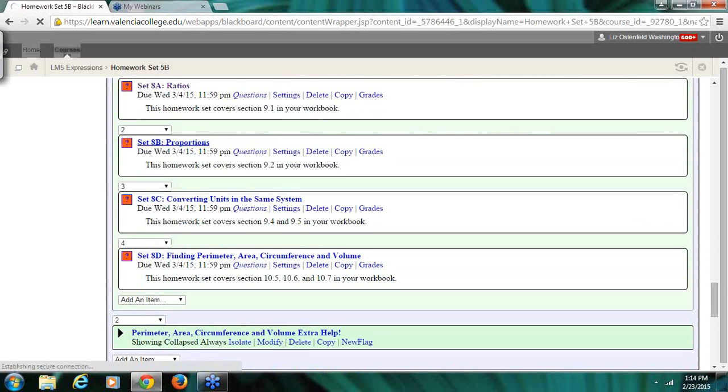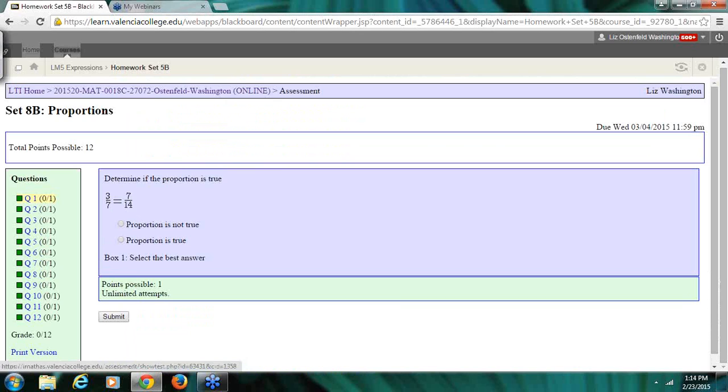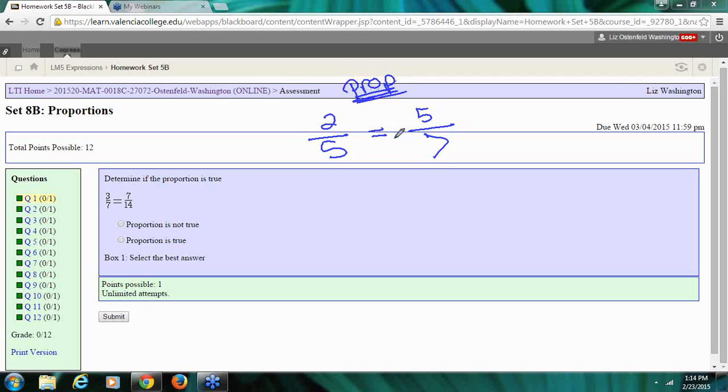Proportions. Do some proportions. Proportions are very similar to ratios because technically what a proportion is, is 2 ratios set equal to each other. So this is technically a ratio. This is technically a ratio. As soon as you set them equal to each other, well, now it's a proportion. Okay? Proportion means, for instance, let's say that your real house is 9 feet tall, and let's just say it's 20 feet wide.